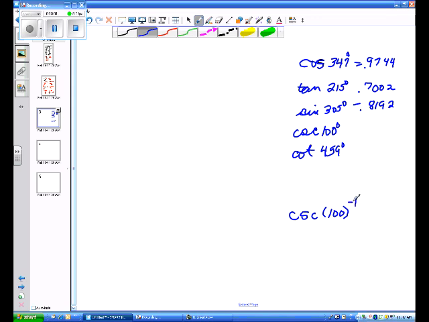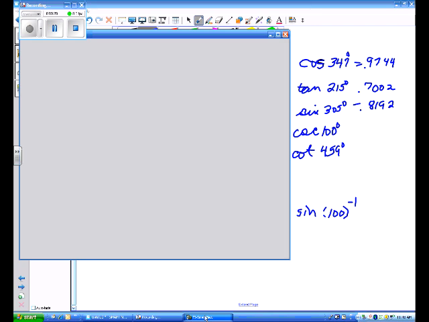Excuse me, I said sine, but I wrote cosecant here. So that means we take the sine of 100 and then we take the reciprocal. The cosecant is 1 over the sine, or the reciprocal of that.